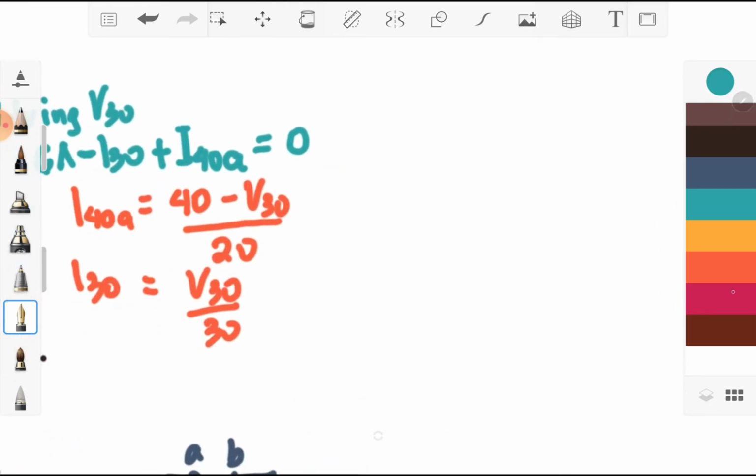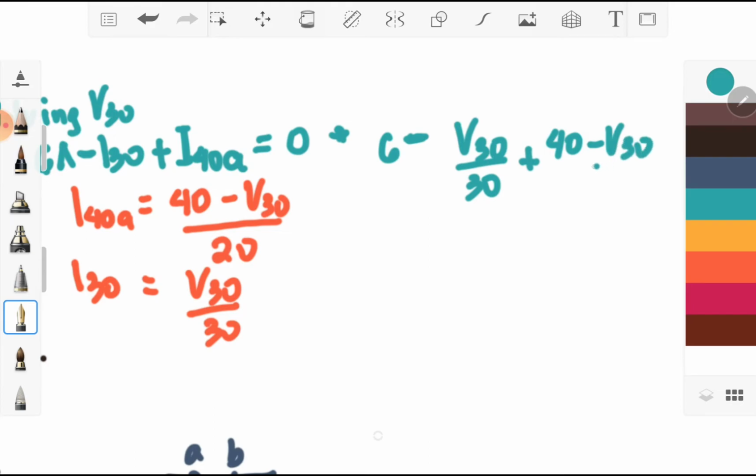So upon knowing this equation, I may substitute it: your 6 ampere minus I30, which is V30 over 30, plus 40 minus V30 over 20 equals 0.